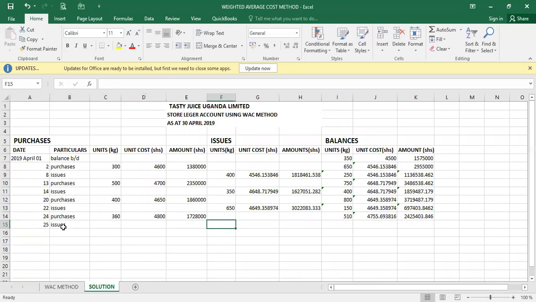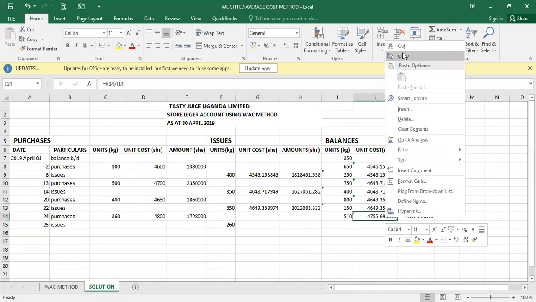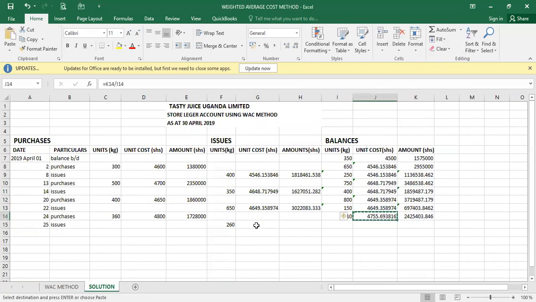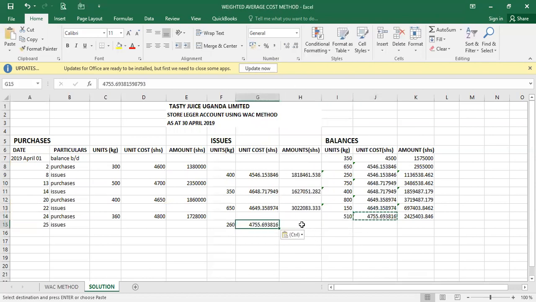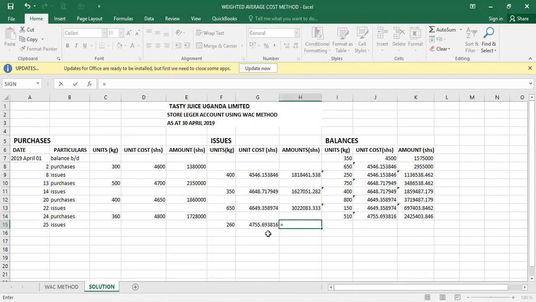Issued out 260 at this. This will be our cost. We copy that, we paste it here. Then we try to get the total cost. It will be this multiplied by the number of units and it will give us that.